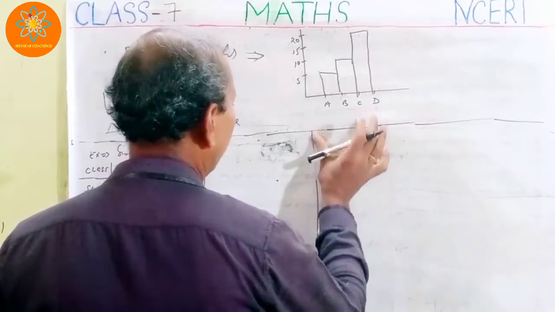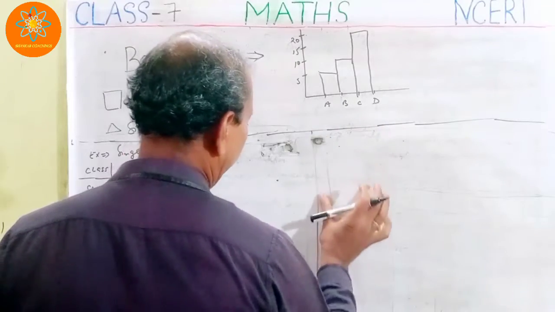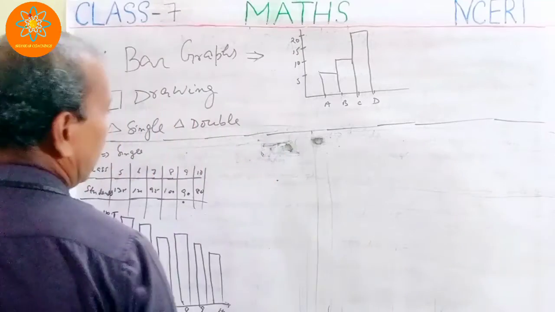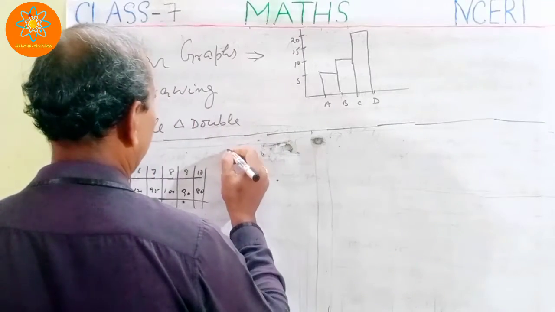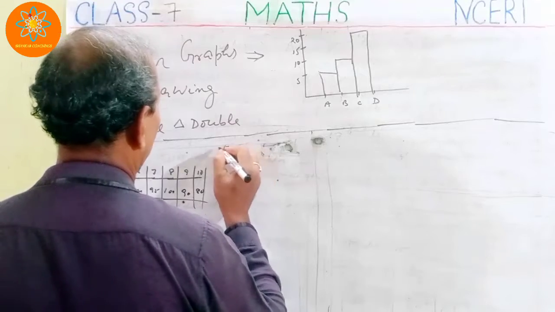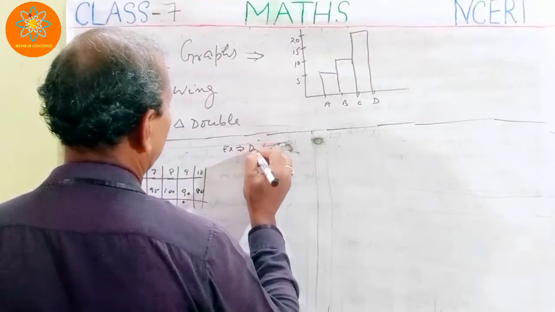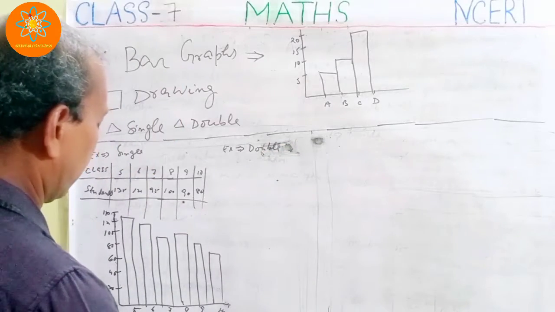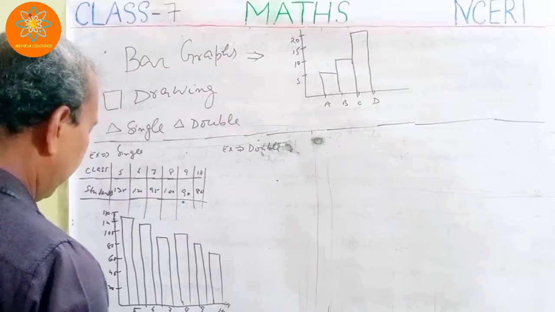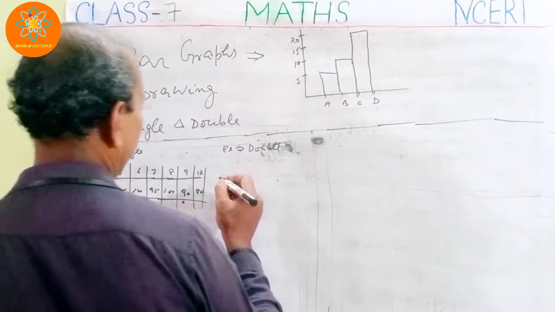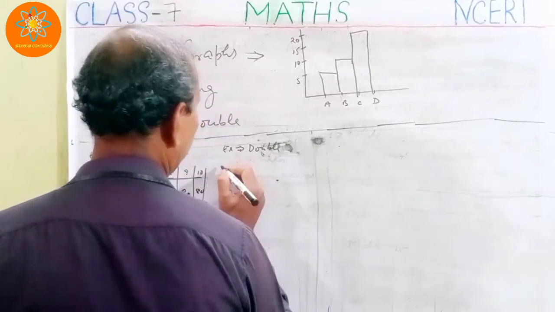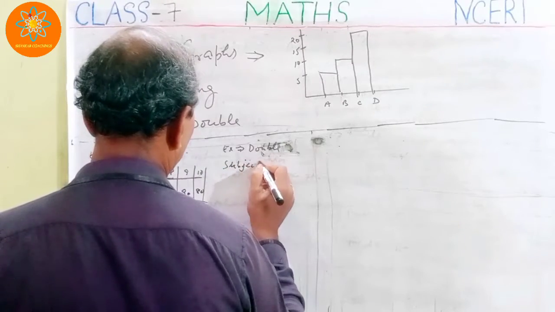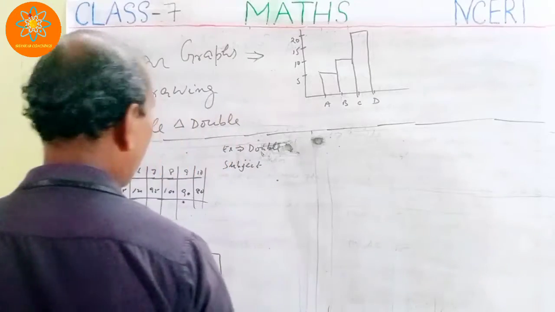Next one is your double. In the next one, we have the double bar graph. In the double bar graph, I am taking subject and marks.